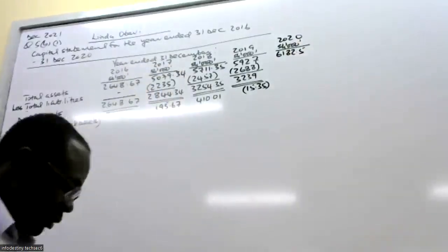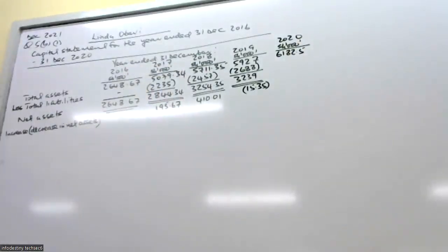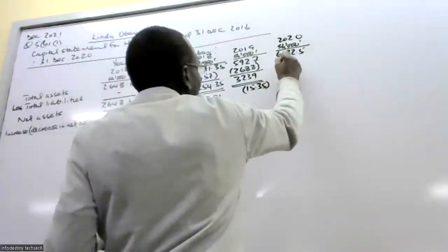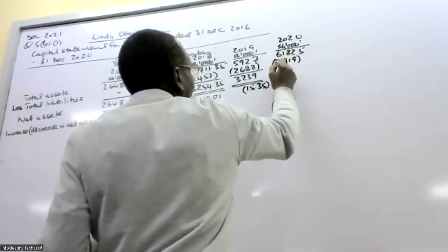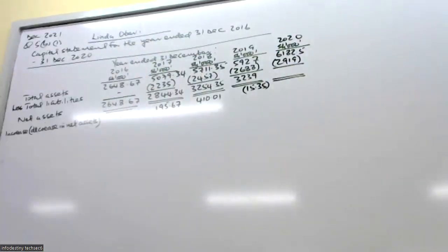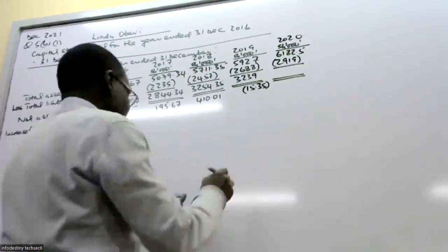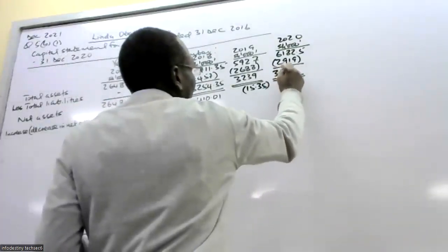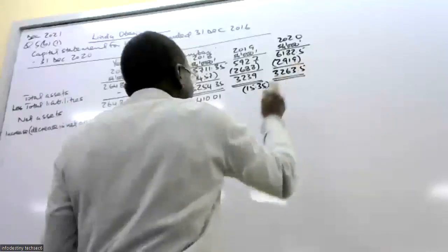Total liabilities will add the bank loan of 1866 plus creditors of 1053, and the total is 2919. So that should give us net assets of 3263.5.